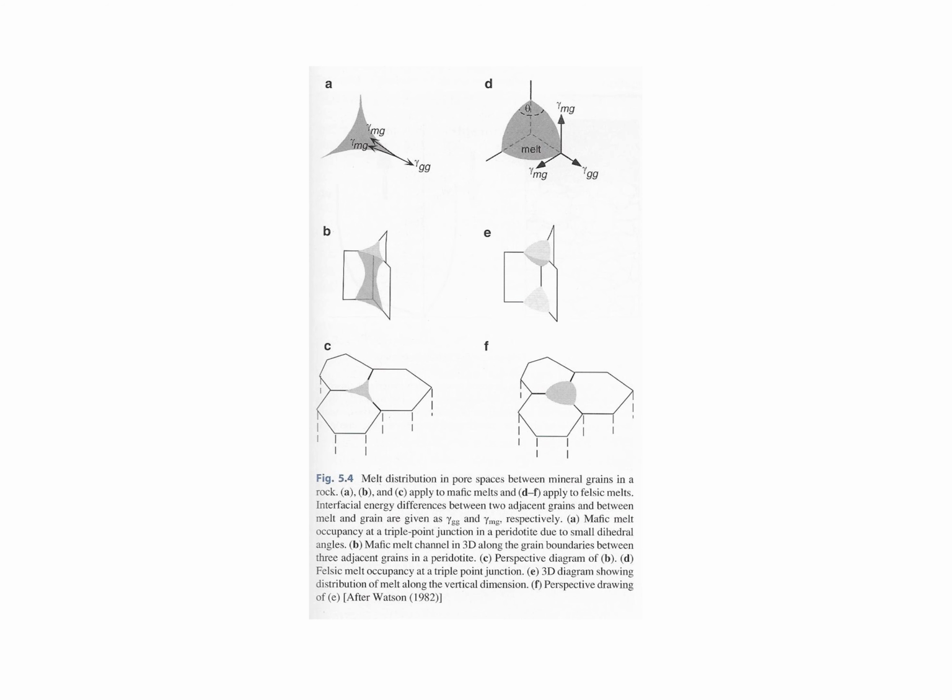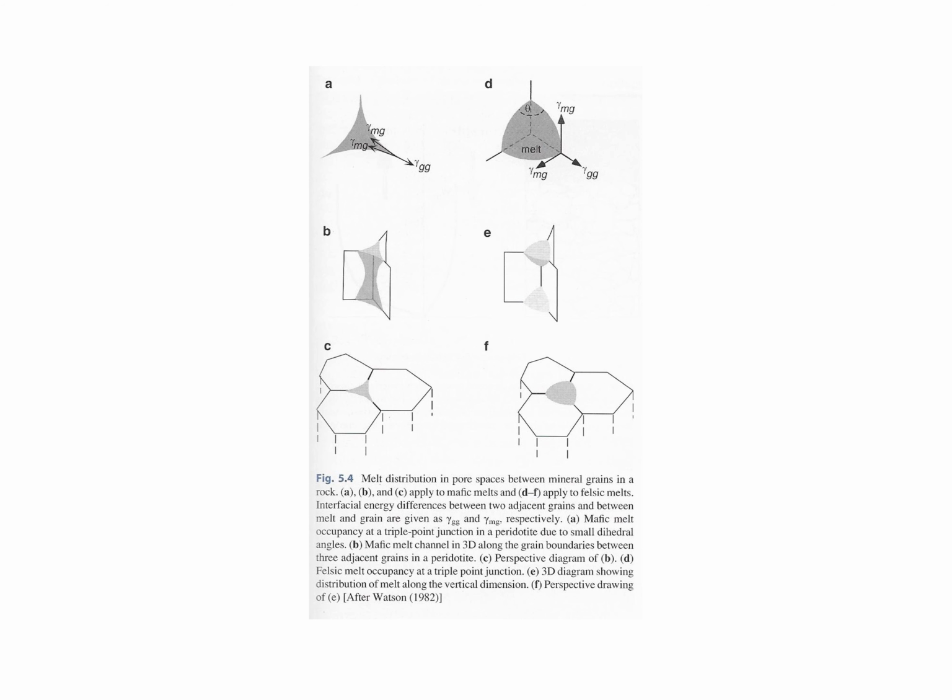Respectively. A. Mafic melt occupancy at a triple point junction in a peridotite due to small dihedral angles. Yeah, that is the situation here. B. Mafic melt channel in 3D along the grain boundaries between the three adjacent grains in a peridotite.